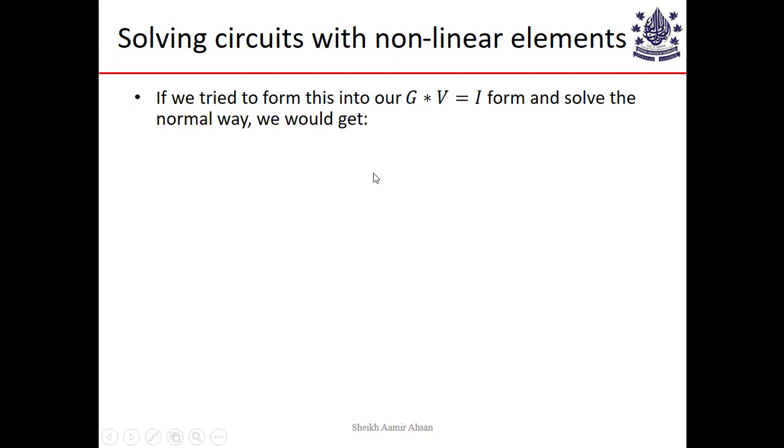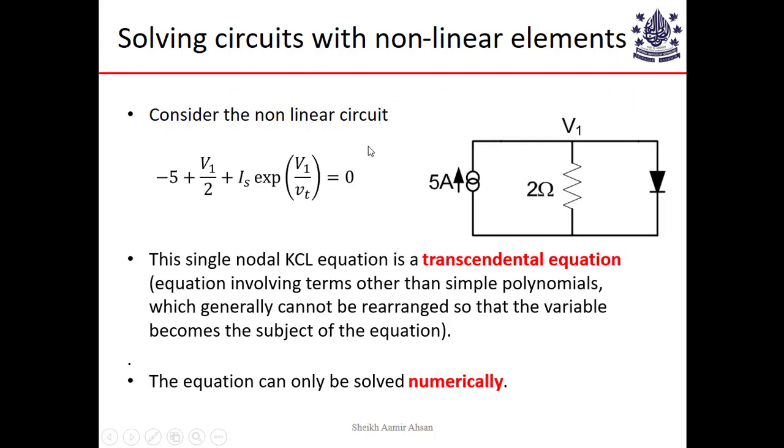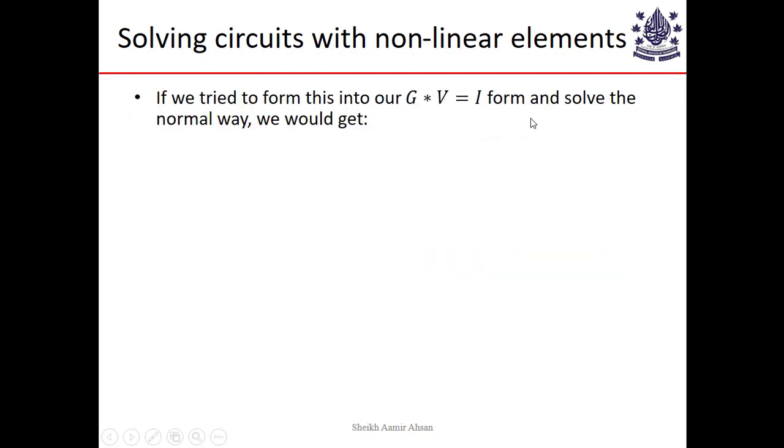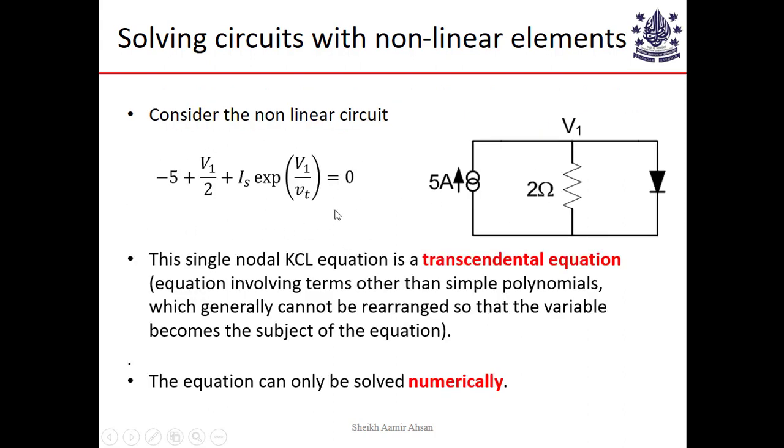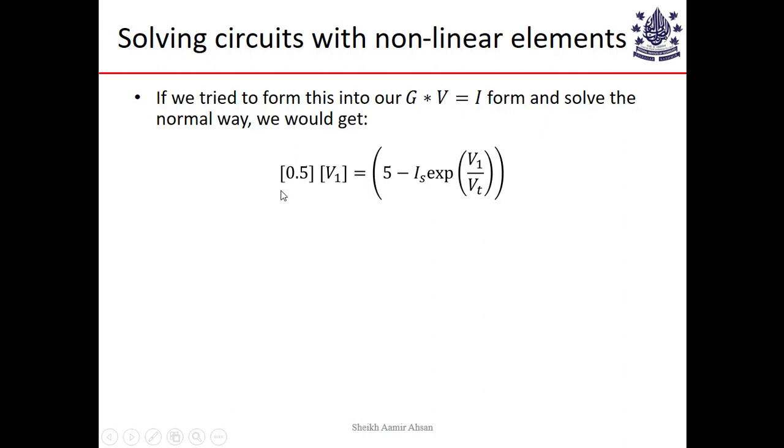Now, if we want to solve this non-linear equation using the traditional method of GV equals I, as we have always been doing with these elements, it will give us this kind of matrix formation for the previous equation. If we write the same equation in the form of a matrix, this is what we'll get. So this is the G matrix, this is V, and this is the I matrix.